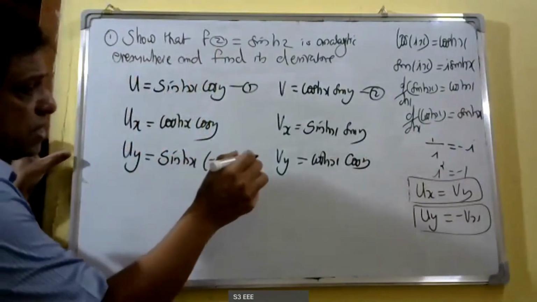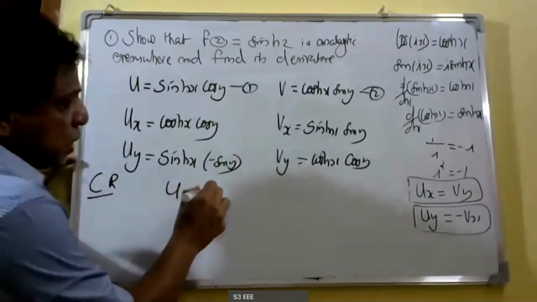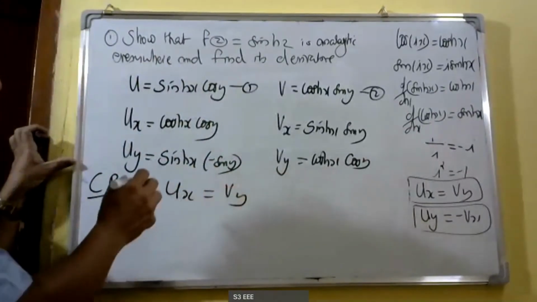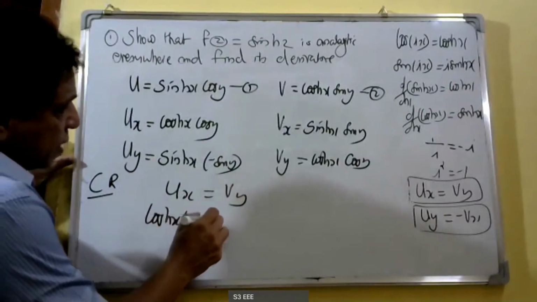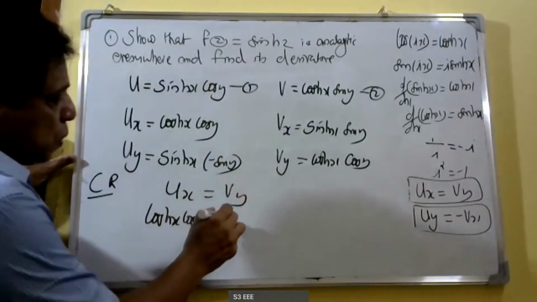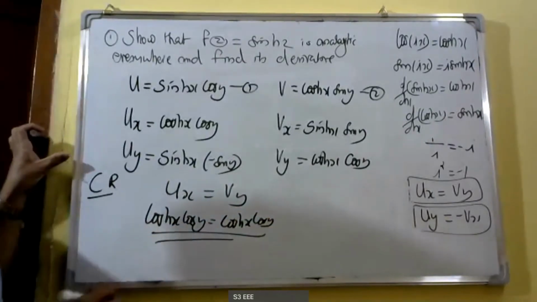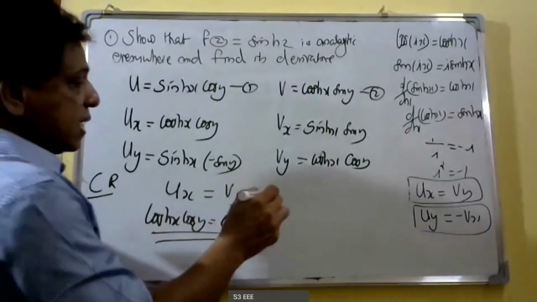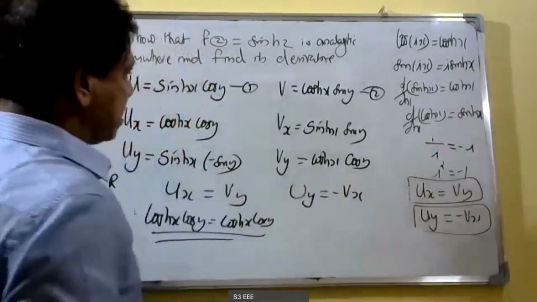Then we take the first Cauchy Riemann equation, ux is equal to vy. Here ux is equal to cosh x cos y, and vy is equal to cosh x cos y. Therefore, the first Cauchy Riemann equation is proved. The second Cauchy Riemann equation, uy is equal to minus vx.